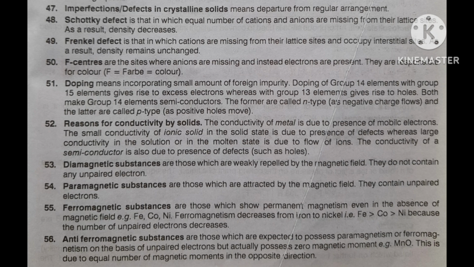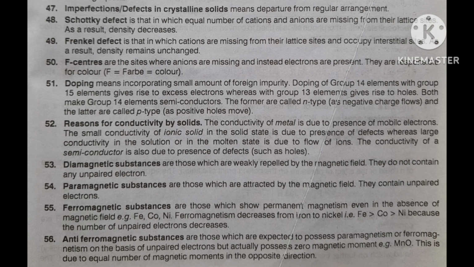What is the something here? I told you, atoms from group 15 or group 13, particularly for silicon and germanium, any one you can consider. You want to mix some impurities. Impurities here means atoms from either group 13 or group 15. Correct?